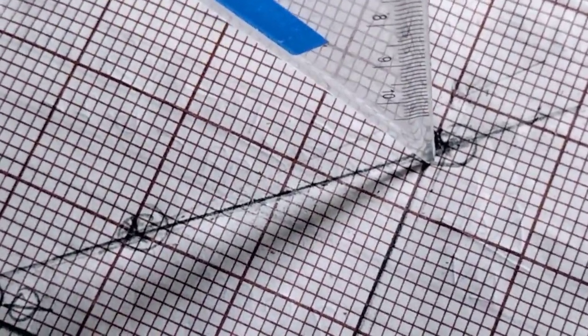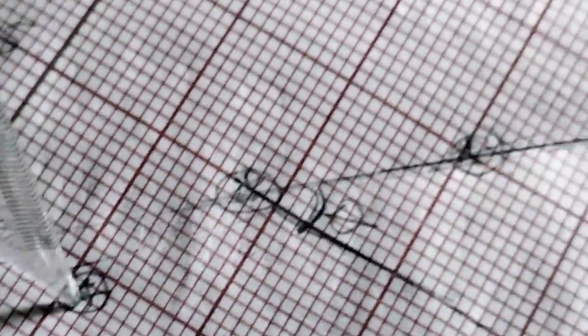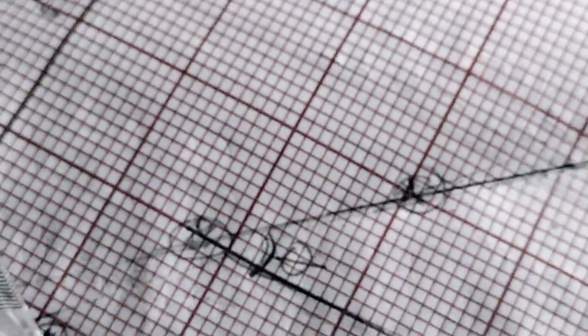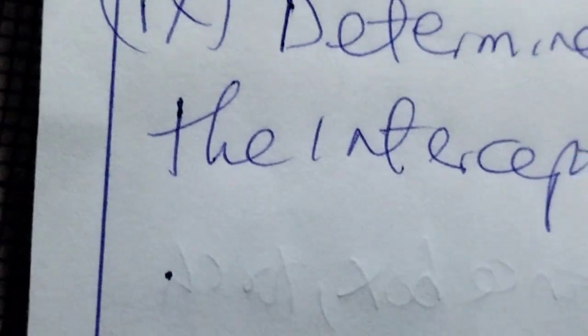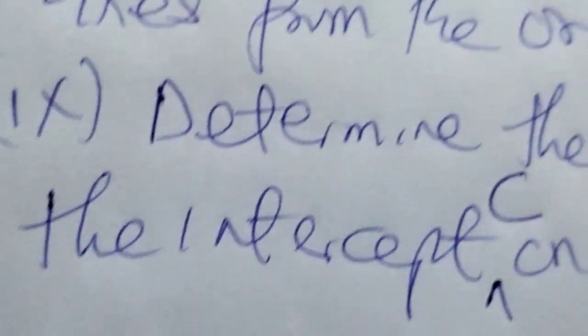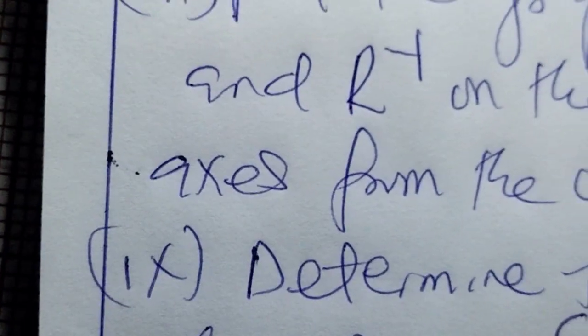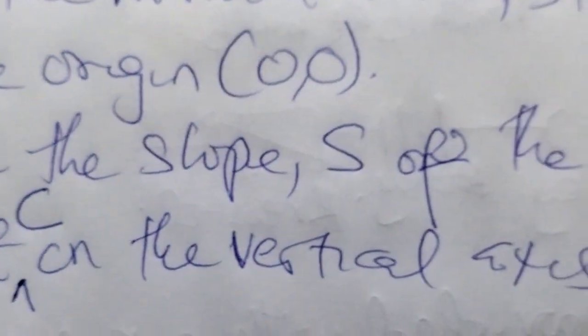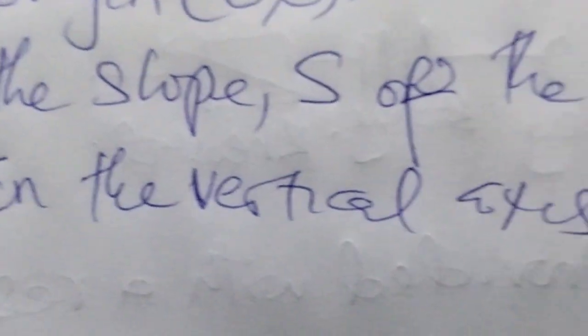Out of the 5 points, 4 points enter the line, while only 1 point fell out of the line. So it's a good experiment. The question says we should determine the slope S of the graph and the intercept C on the vertical axis.